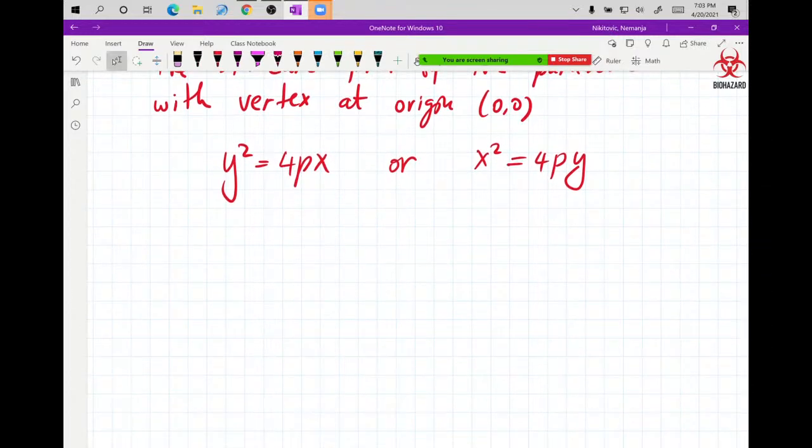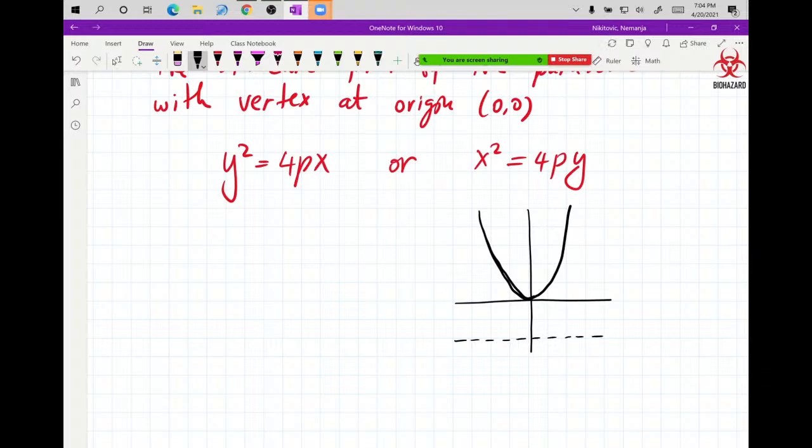So if I draw a parabola at the origin, there is a line called the directrix, which is p units away from the line that contains the vertex.